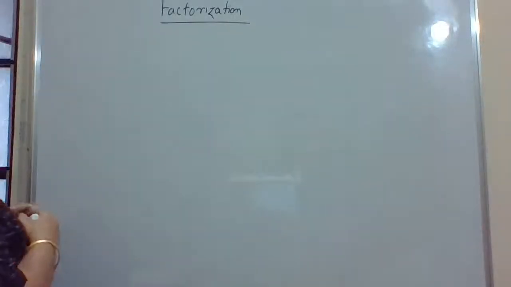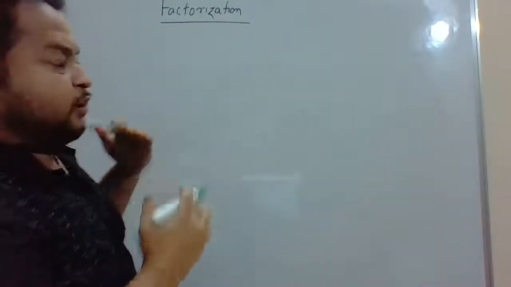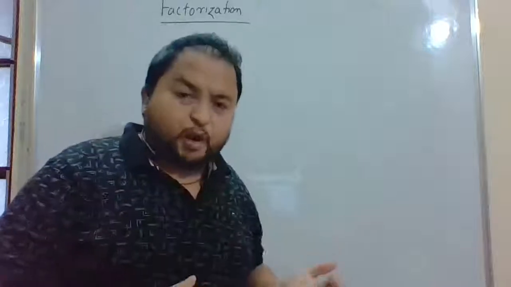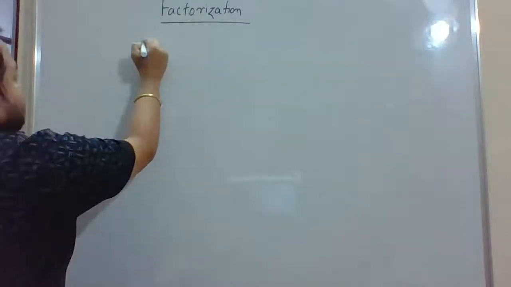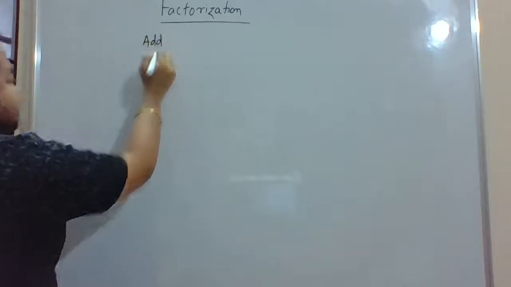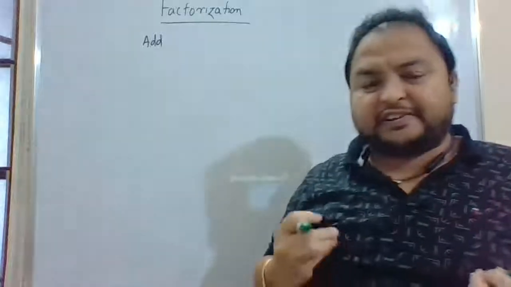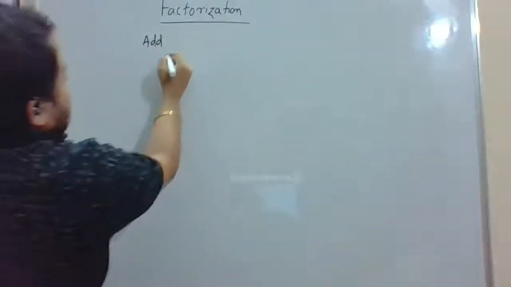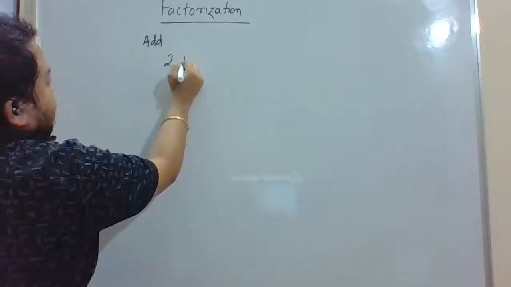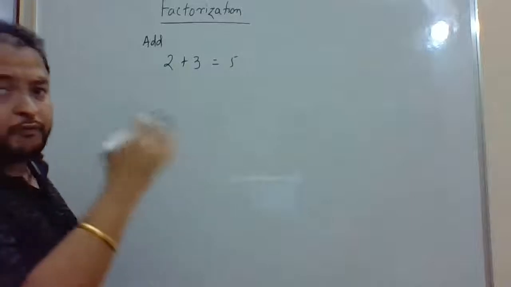Let's understand one thing: in mathematics there are many reverse or converse operations we study. As a kid we started understanding addition once we knew numbers. We understood that when we add two numbers, 2 and 3, we get a different number called 5.